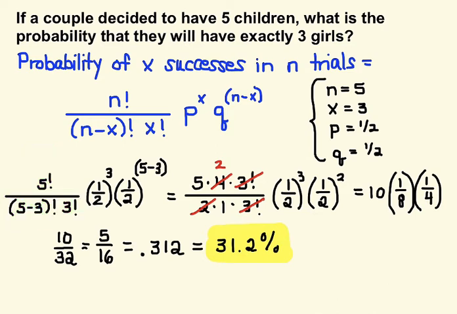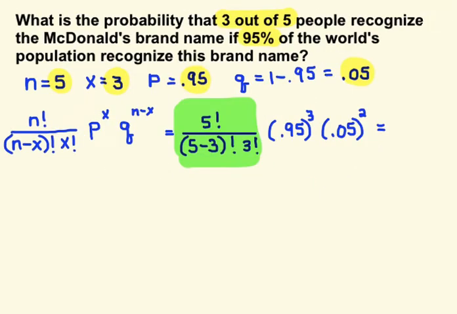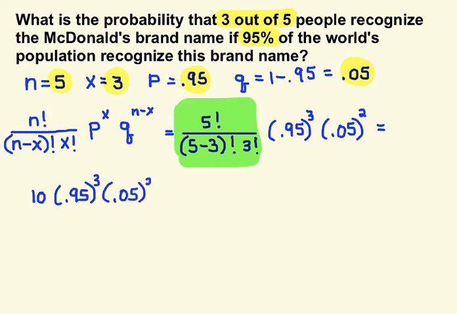Let me back out. So the green piece is actually equal to 10 times 0.95 cubed times 0.05 squared. I am going to use a calculator here. As a matter of fact, for much of this you can use a calculator.